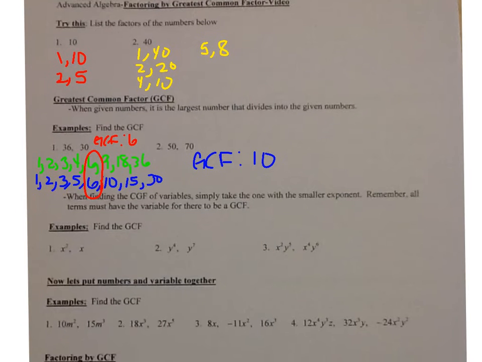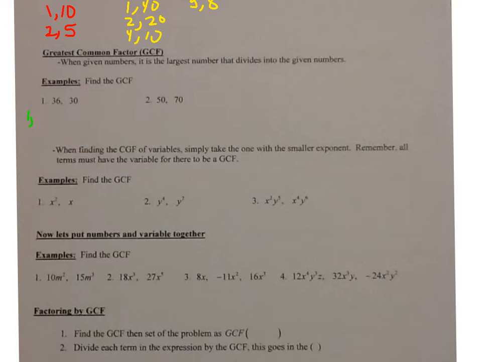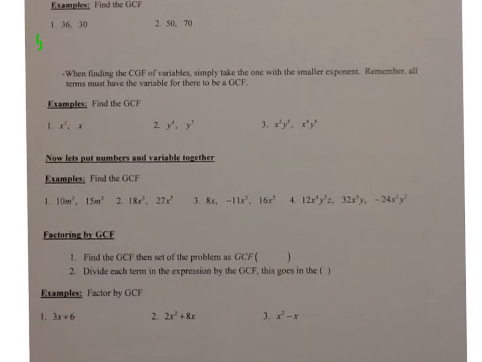All right, so now let's talk about when we have variables. When you're finding the GCF of variables, simply take the one with the smaller exponent. Remember, all terms must have the same variable in order for there to be a GCF. So let's take a look at the first one.